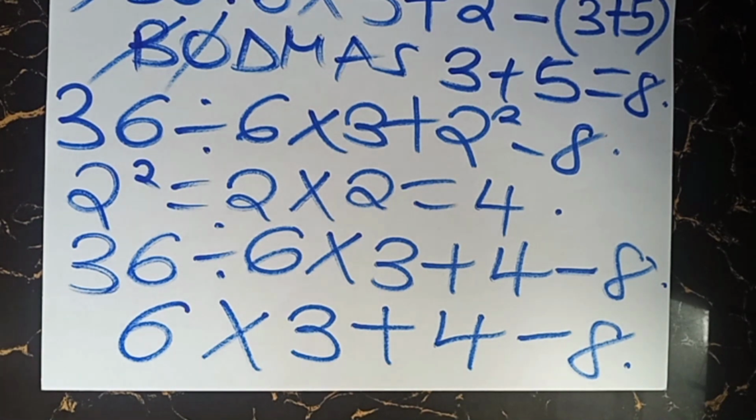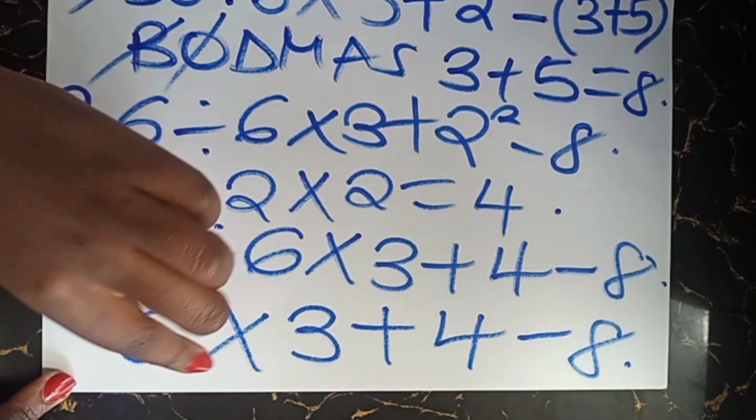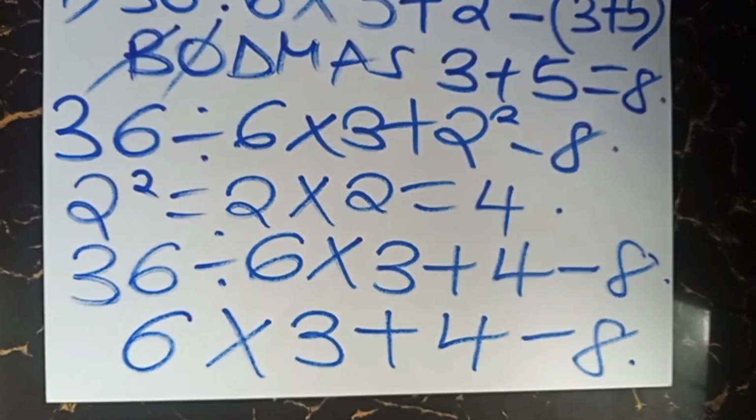Okay, so that means that we'll replace 18 with this part here. Okay, so we'll have, let's rewrite the question. So 6 times 3 we've said is 18, so we'll write 18.